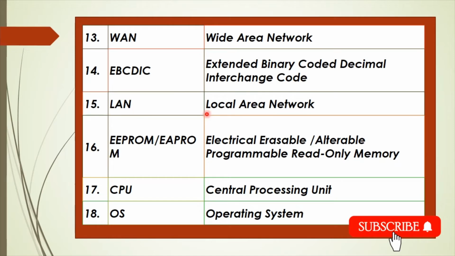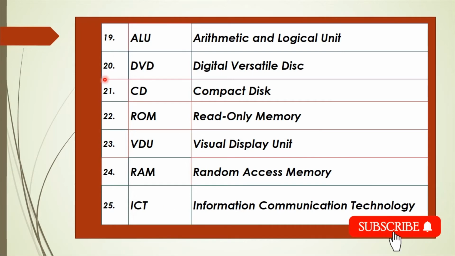LAN, local area network. EEPROM, electrically erasable programmable read-only memory. CPU, central processing unit. OS, operating system. Now ALU, arithmetic and logical unit.